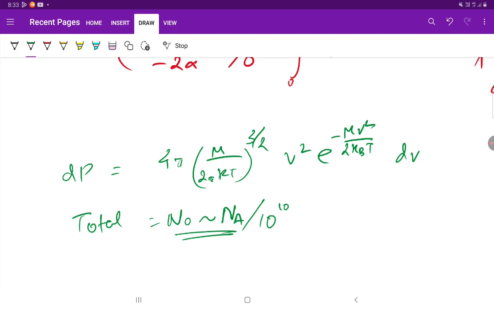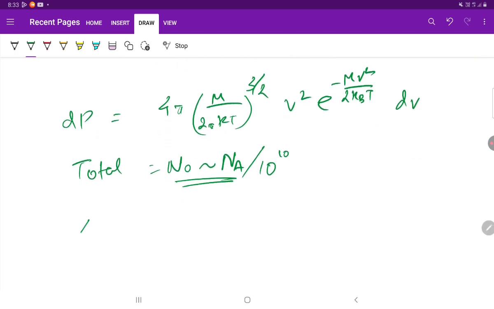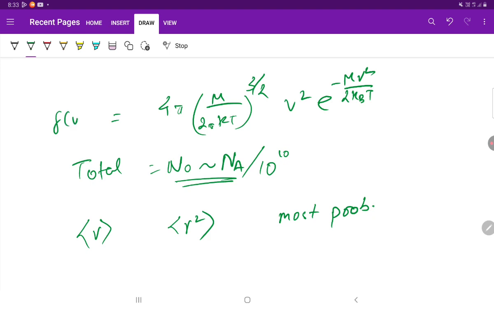Now you can find average velocity, RMS velocity, and the most probable velocity. Most probable velocity you must have already found by differentiating this f of v and finding the maximum of this function. Generally the most probable velocity is derived in most institutes, even at 10+2 level.